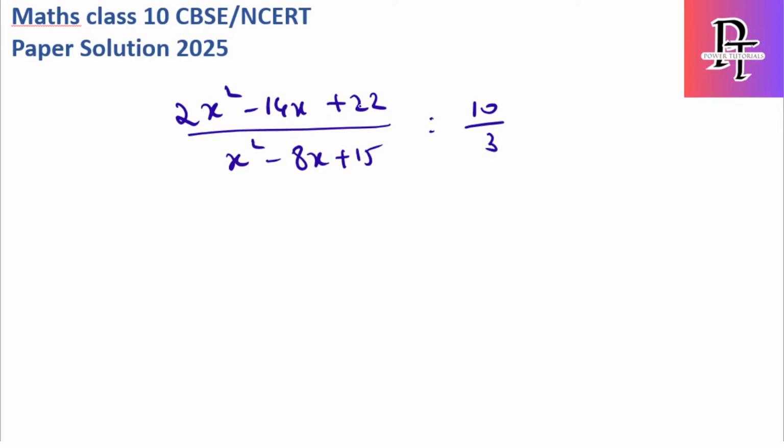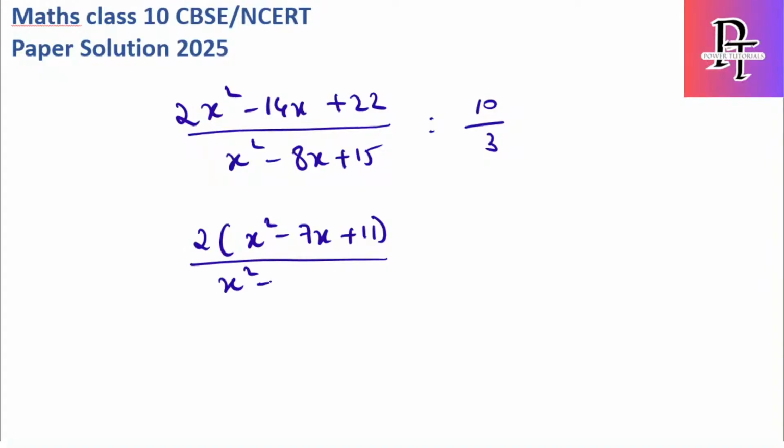So if you notice, I have 2 common in the numerator, so simply here I will divide by 2. So this equation becomes, okay, I'll write it in the next step. If you take 2 as common, I will get x square minus 7x plus 11 by x square minus 8x plus 15 is equal to 10 by 3.